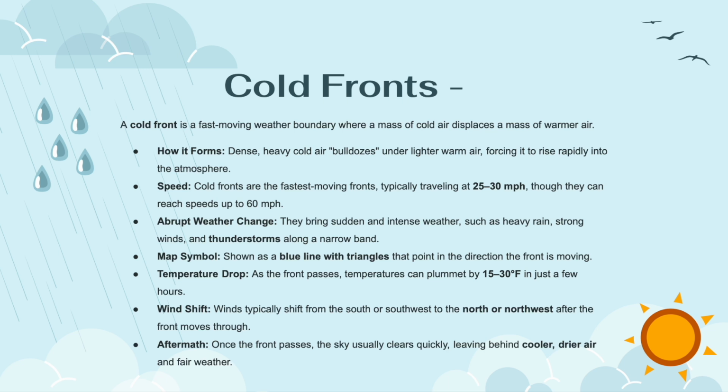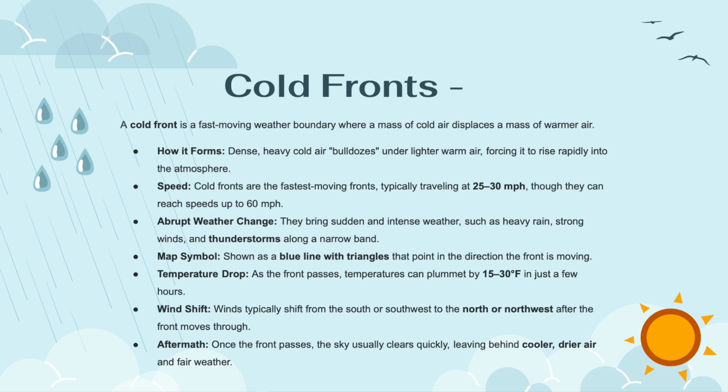They bring sudden and intense weather, such as heavy rain, strong winds, and thunderstorms along a narrow band. The symbol on a map is shown as a blue line with triangles that point in the direction the front is moving.